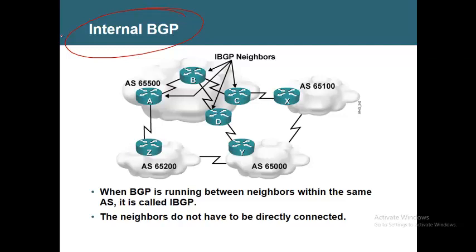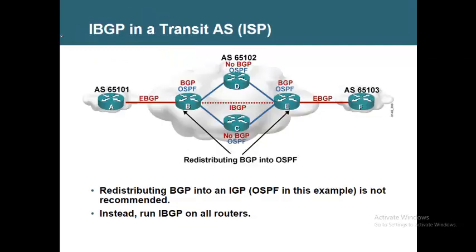The main difference is, see the last point there. iBGP peers do not have to be directly connected. These are BGP running routers within an autonomous system. Within an autonomous system.